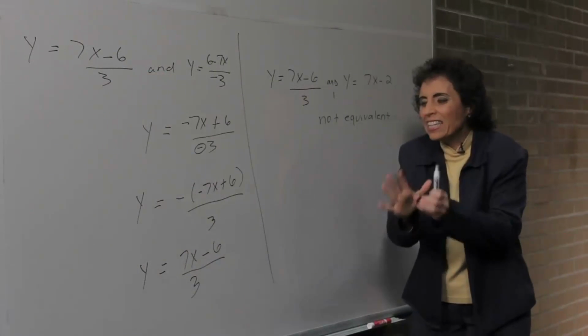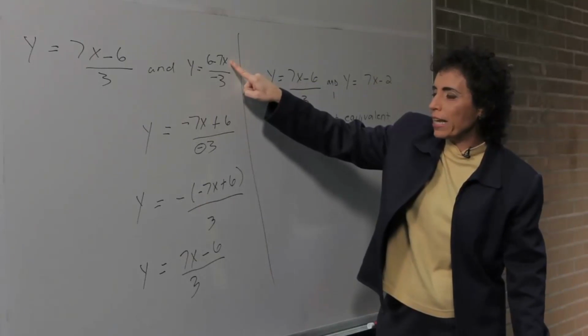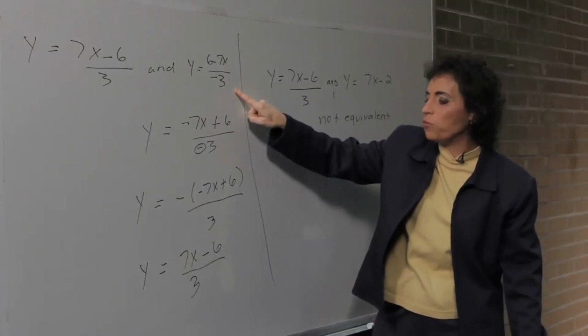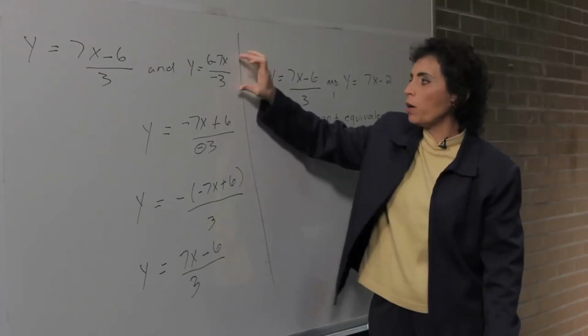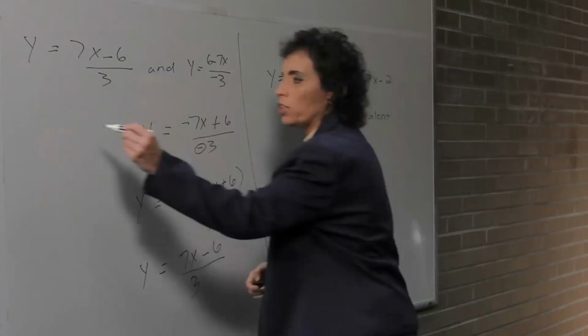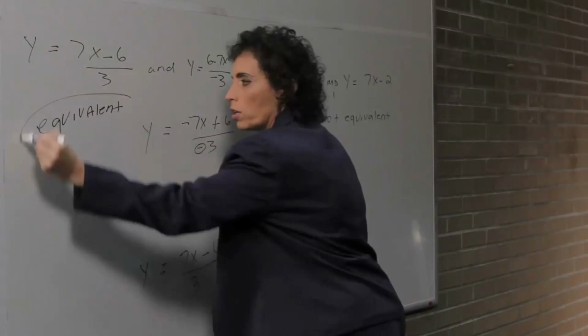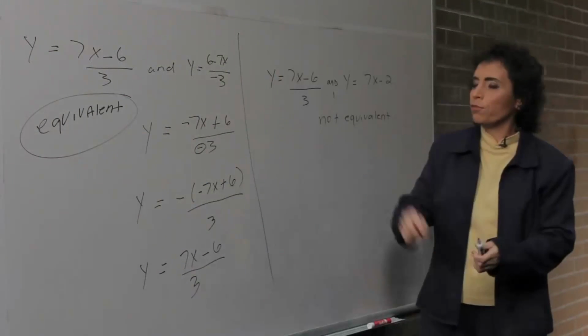If you find that a little confusing, there is another way you can look at this. We can multiply the top by negative 1 and the bottom by negative 1, and we would get this answer, because we're still multiplying by 1, a constant of 1. So these are equivalent. Even though they look different, they are not different. So these are equivalent fractions.